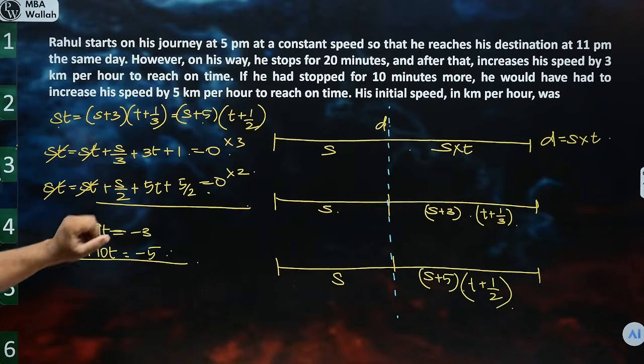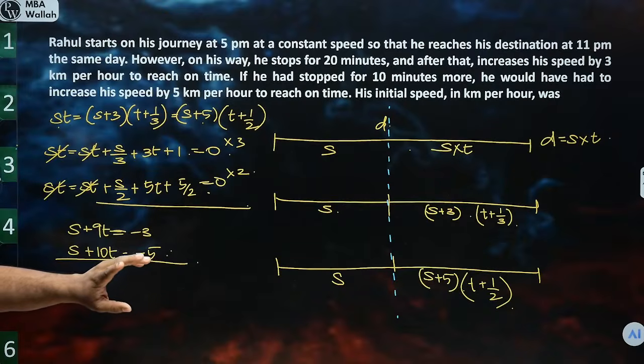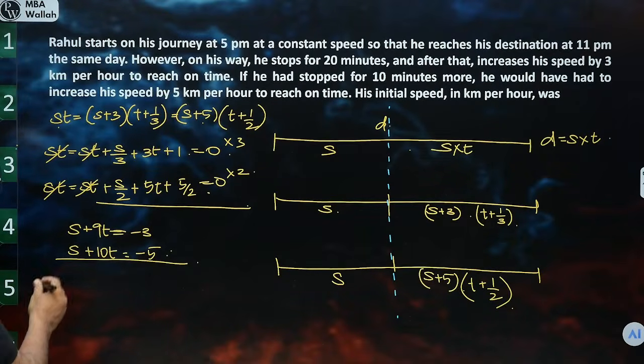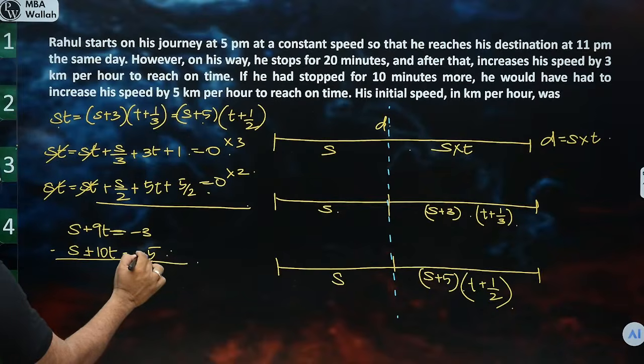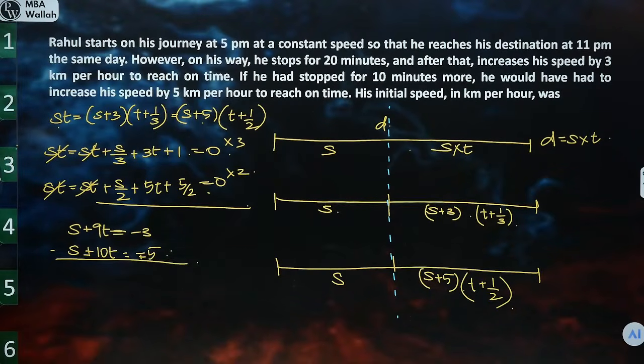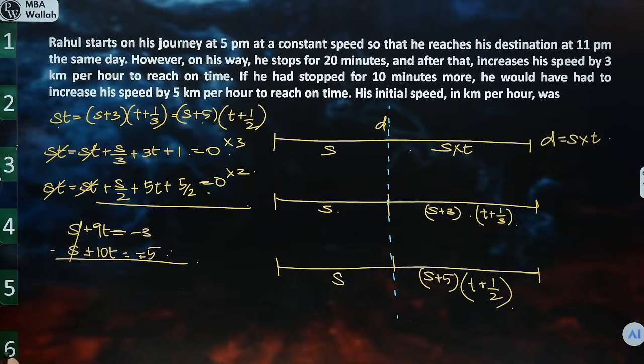Equating these two, st gets cancelled. The s by 2 goes over there and becomes minus 5 by 2. Minus 5 by 2 into 2 was minus 5 only, correct. No, minus t is minus 2.